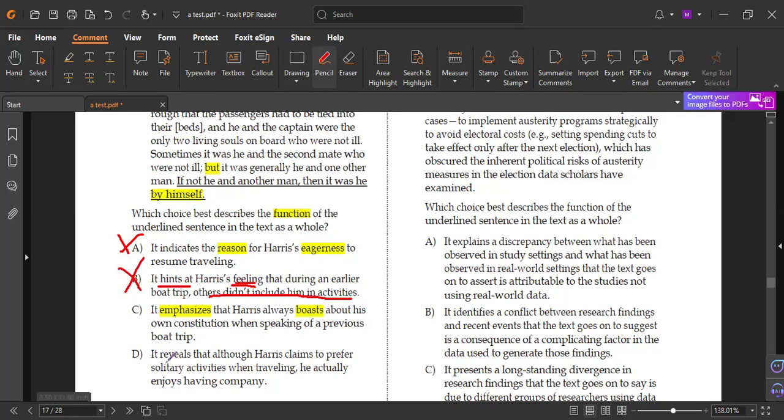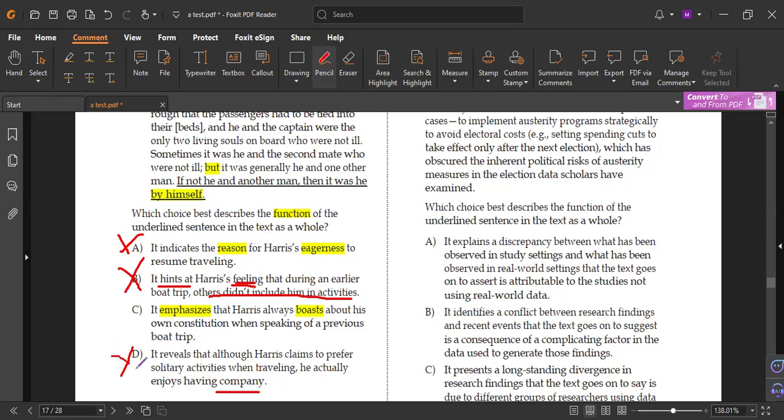Now, it reveals or explains, "although Harris claims to prefer solitary activities when traveling, he actually enjoys having company." He didn't mention in the underline that he enjoys the company or the group, or that he loves to be in a group of people or live in community or society. There is nothing supporting that in the underline.